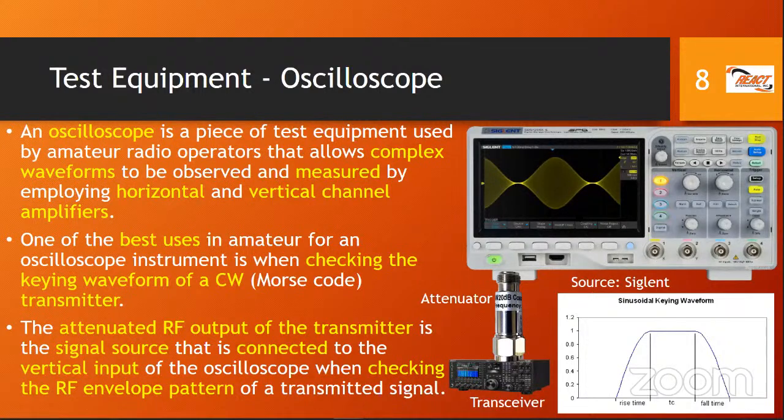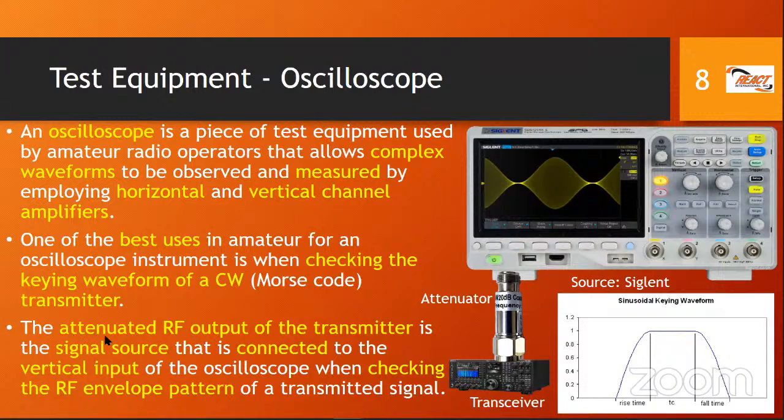Yes, you can measure RF using your oscilloscope, but you have to make sure that you use something called an attenuator, and that you're using the correct attenuator. Sometimes you can transmit into a dummy load, and some dummy loads will have a tap off of that dummy load, which is an attenuated signal, and then you may still pass it through an attenuator, and then you go to your oscilloscope. So again, before doing something like this, you have to know what you're doing. You don't want to damage your equipment.